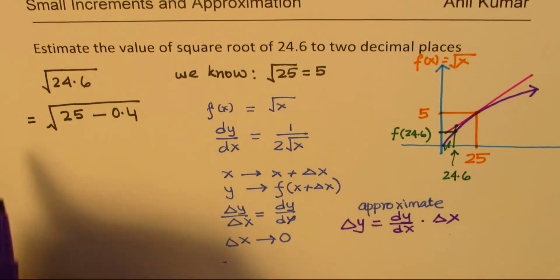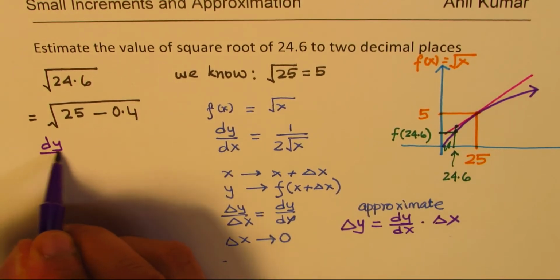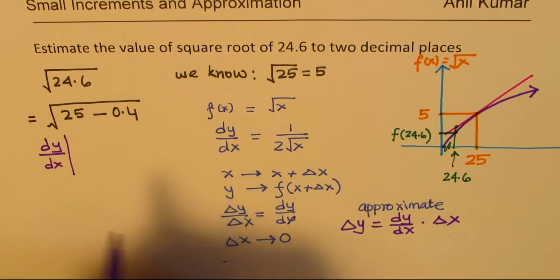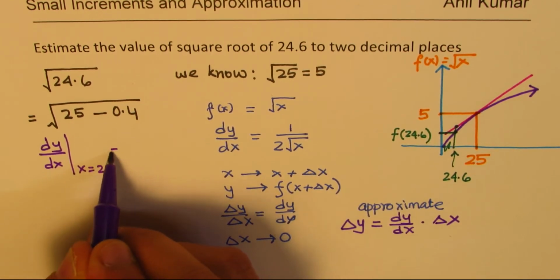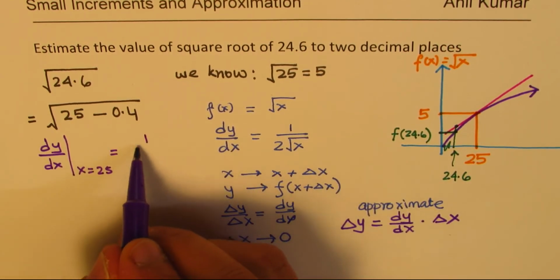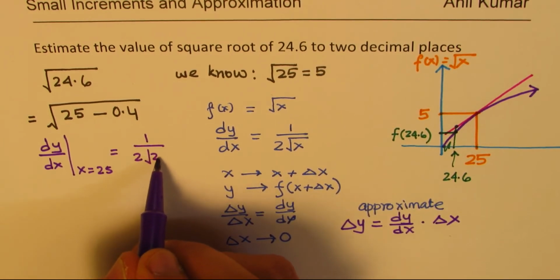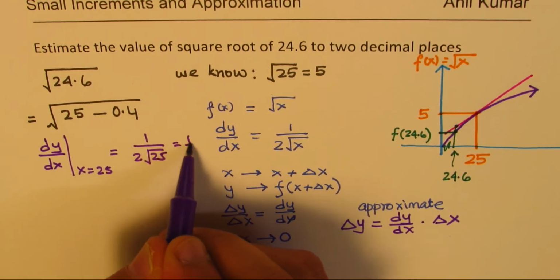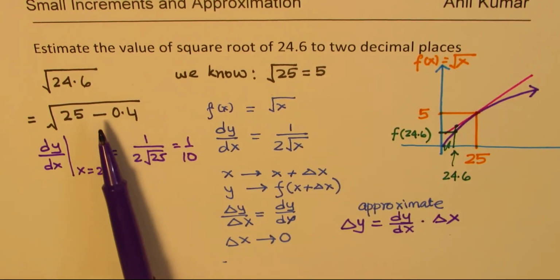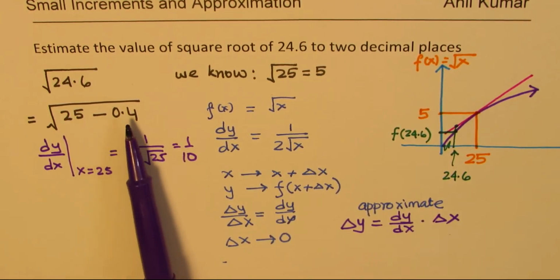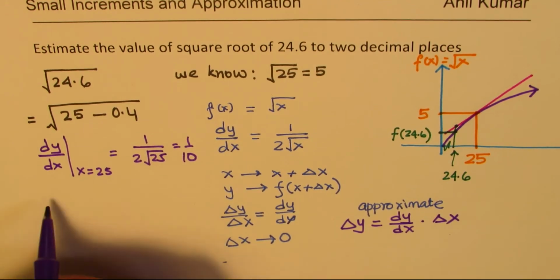So what is dy dx at x equals 25? So if I substitute 25 here, I get 1 over 2 square root of 25, which is 1 over 10. Correct? Now, for a change of minus 0.4, what is the change in y?